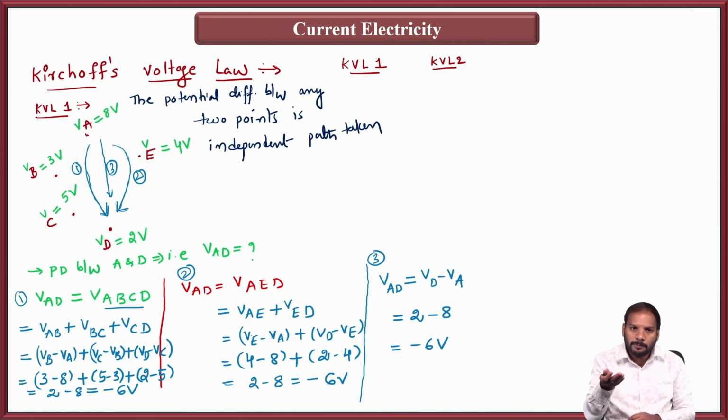That means if you follow the points A, B, C, D, or A, E, D, or take directly the two extreme points, A and D, you will get the same potential difference between the two points. This is what the KVL1 law says.